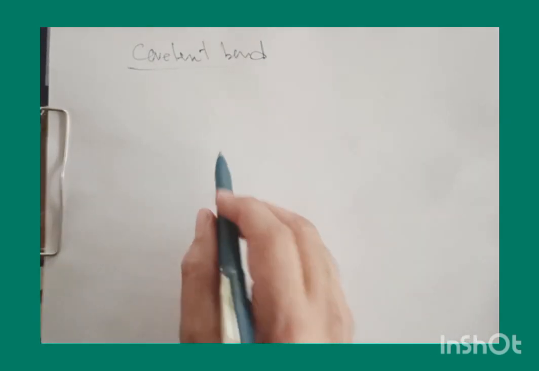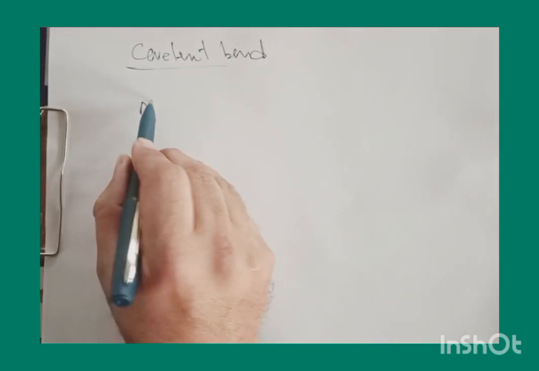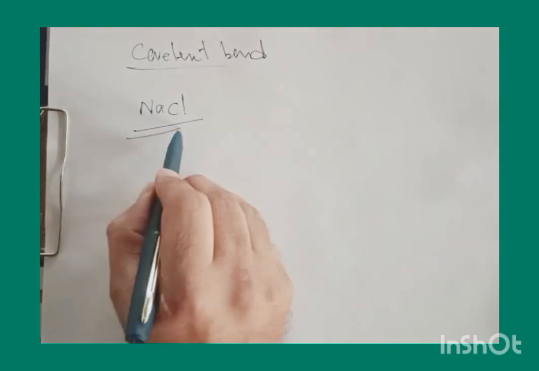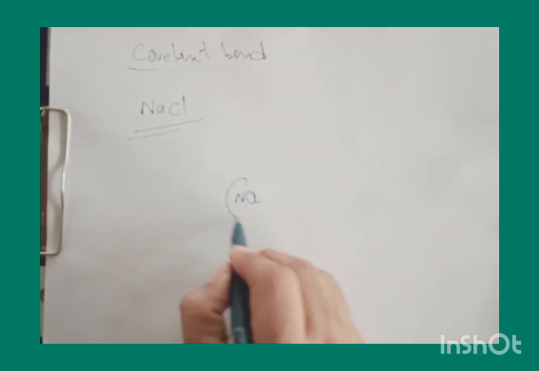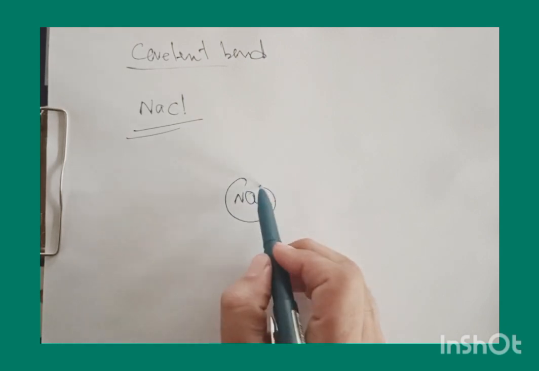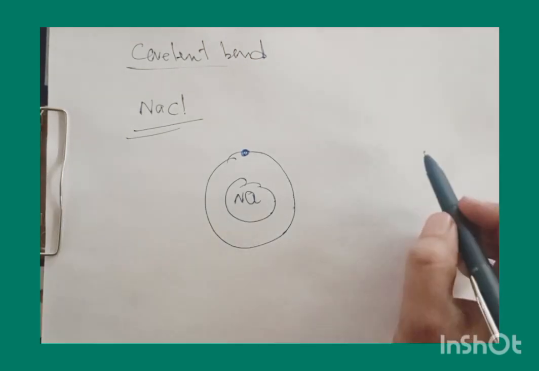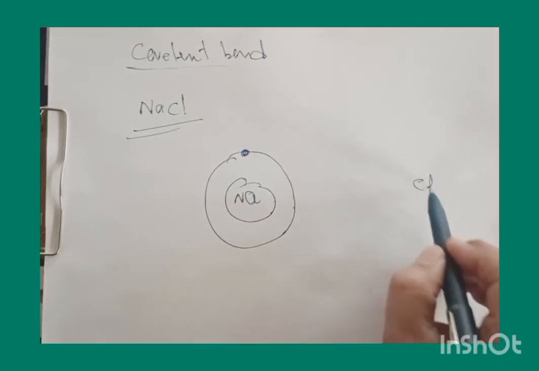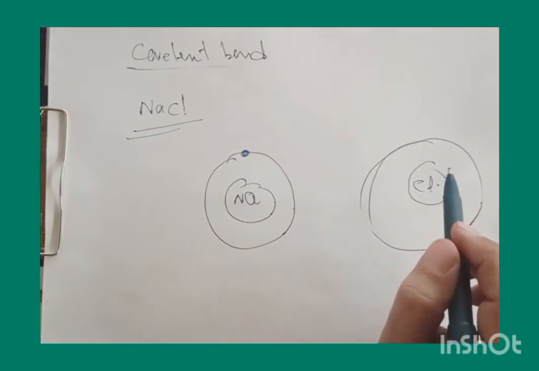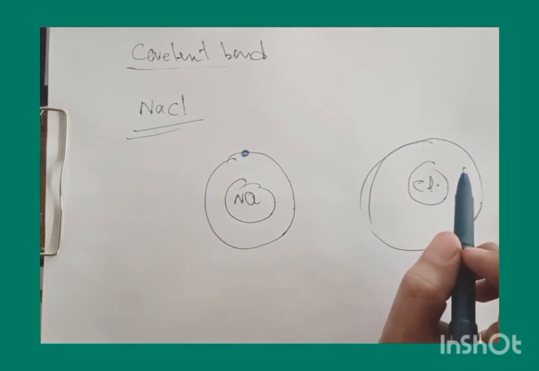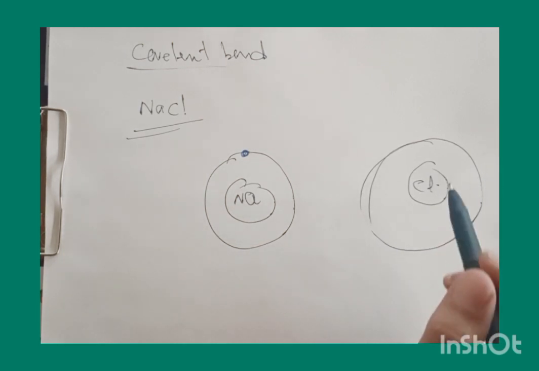Now, if I take an example, generally the example of sodium chloride is taken in this case. We have sodium, and its atomic number is 11, and I will just draw its outermost shell. It has one electron. And I have chlorine, and I will just draw its outermost shell, and it has 8 electrons.